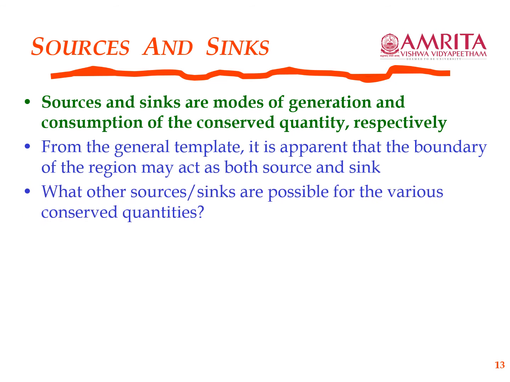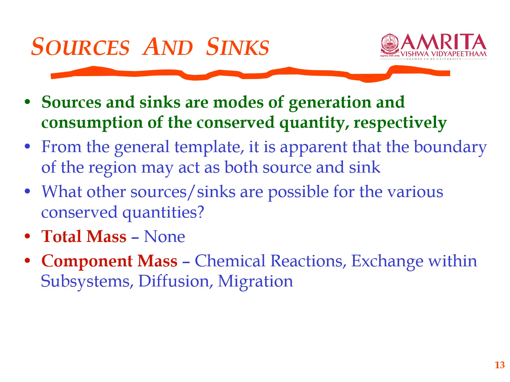But outside of that, what are the other sources and sinks possible for various conserved quantities? For total mass, there is no source. Keep in mind this is a non-quantum process, so you are not going to convert mass to energy. So there is no sink for mass as energy, or vice versa. Component mass or species, yes, you can have a source or sink by way of chemical reactions.